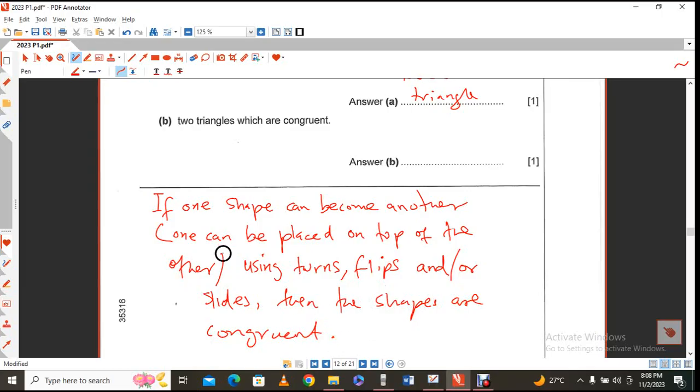I will use the word, perhaps just to simplify all of this: if you put one on top of the other, you can say superimposed. One shape would be superimposed.